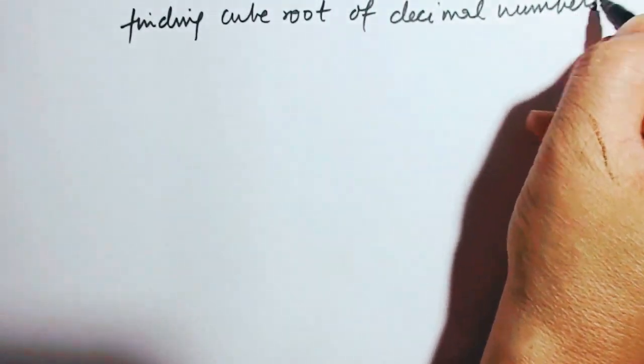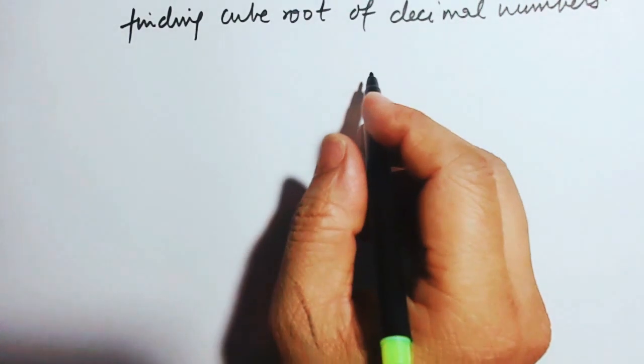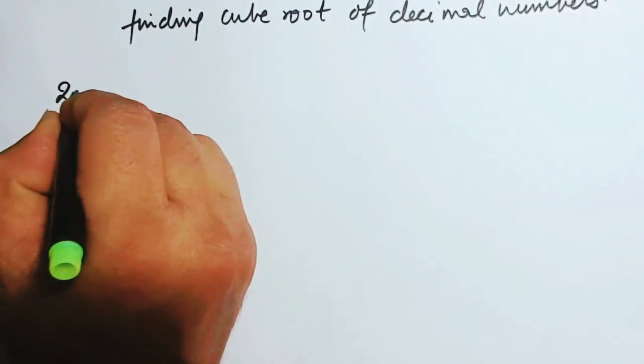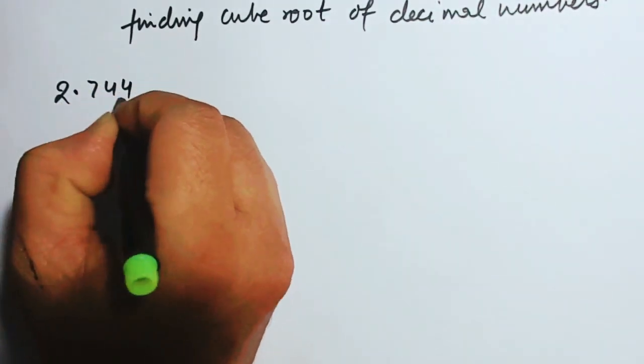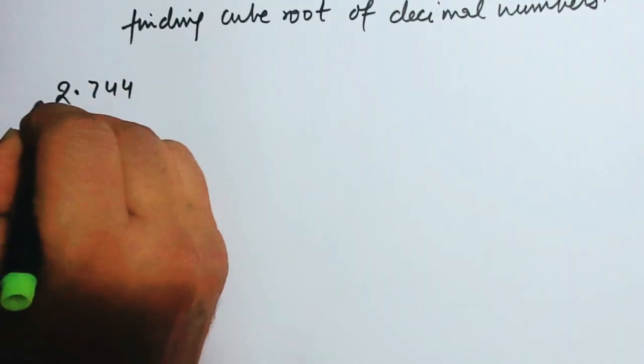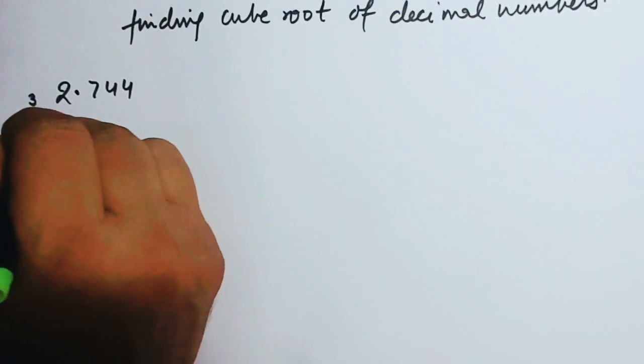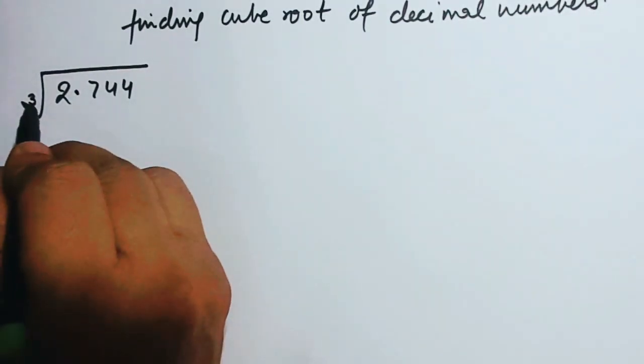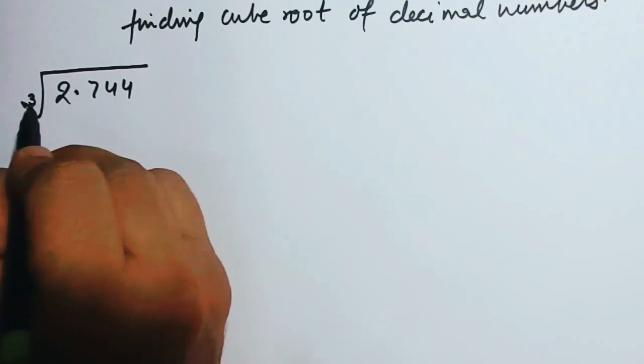Let me take one decimal number, for example 2.744. When you find its cube root, please see that the number you put under the cube root should not be big like whole numbers. Its size should be very small.